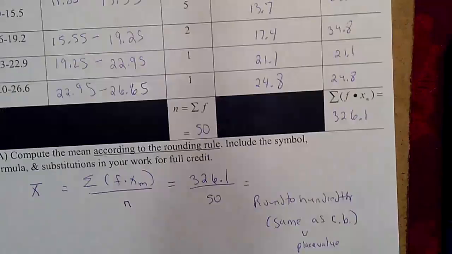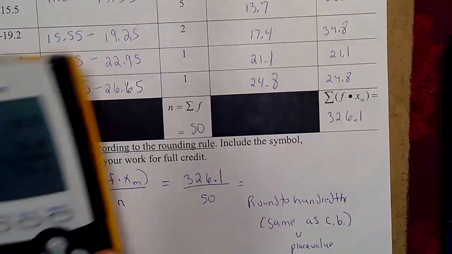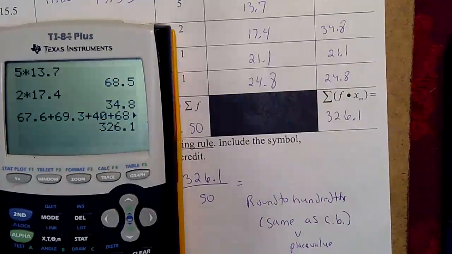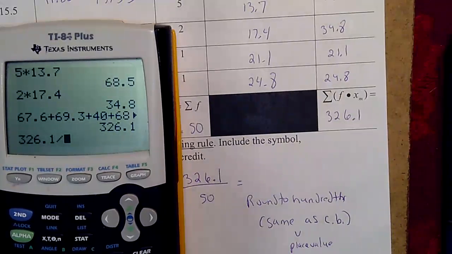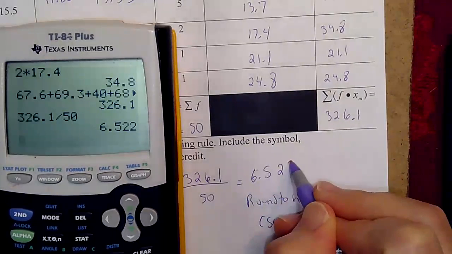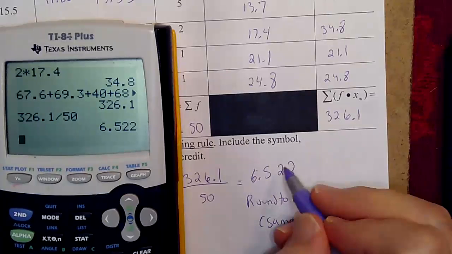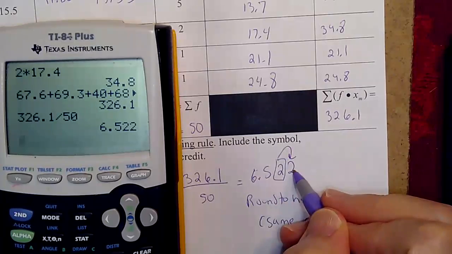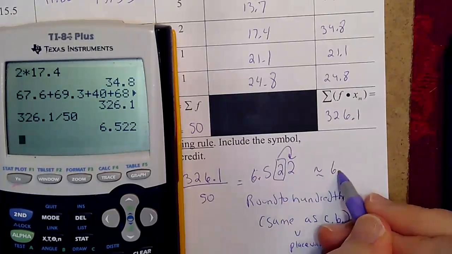Okay, so if I do this, I could do answer divided by 50, or 326.1 divided by 50. Looks like 6.522. And I'm going to round that to the hundredths, which is right here, tenths, hundredths. And then look at the rise. Is that 5 or more? Nope. So we're about 6.52.